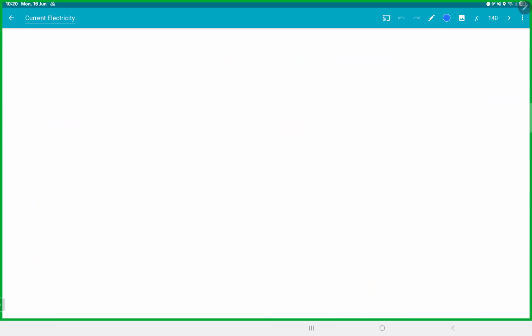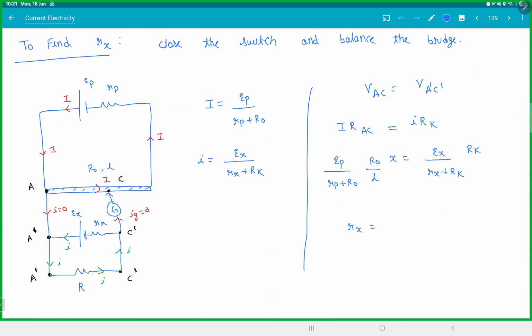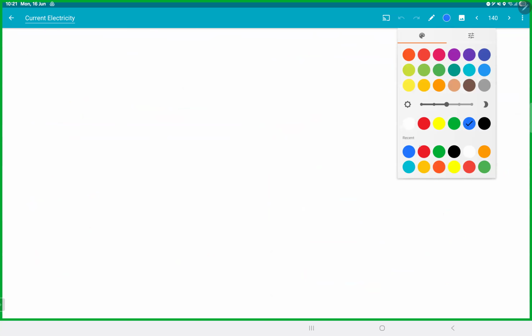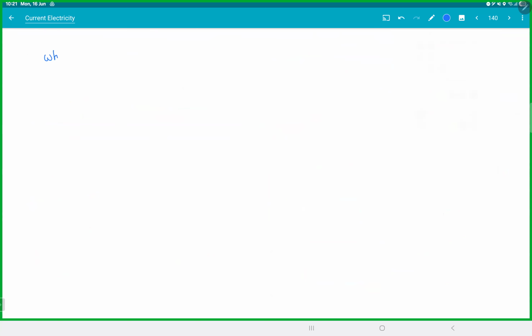Let's get back to this, a little bit of a theory. So if you see this, when the switch was open, the internal EMF became equal to L1, the balancing length.